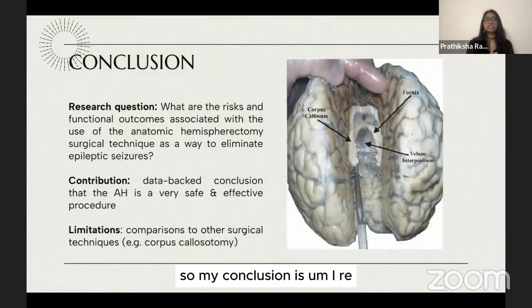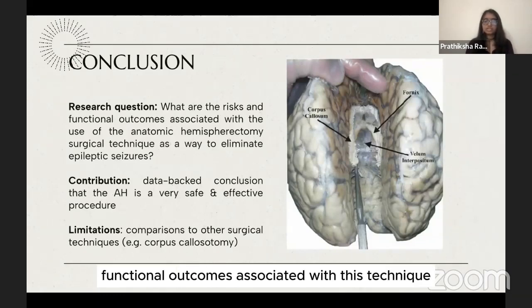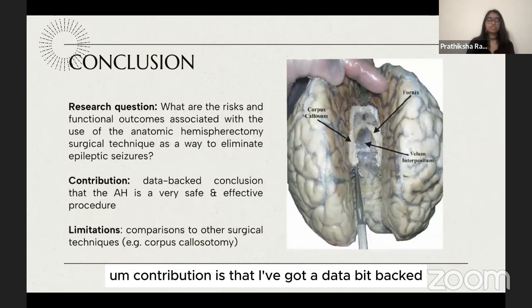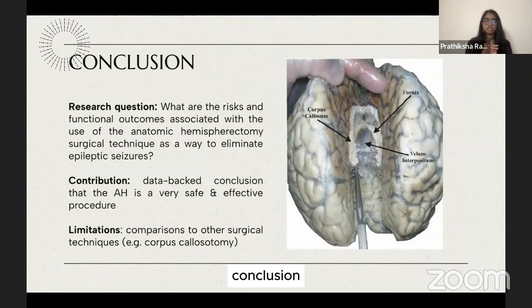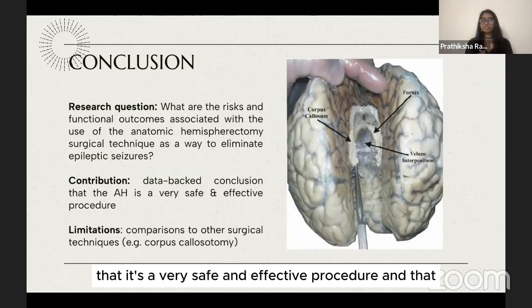So my conclusion is I restate my research question about the risks and functional outcomes associated with this technique. My contribution is a data-backed conclusion that it's a very safe and effective procedure.